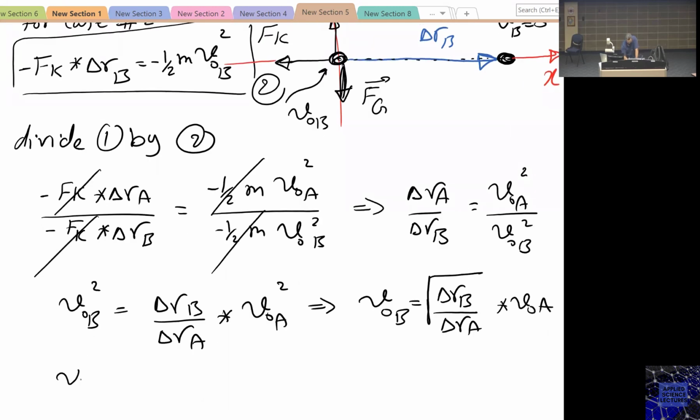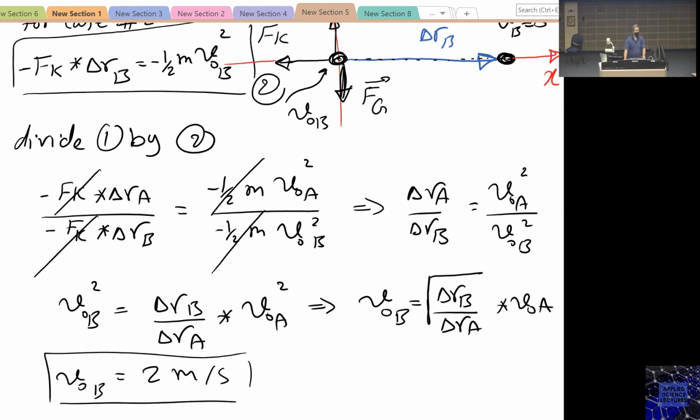So if you substitute now delta RB with 2, delta RA with 0.5, and v naught A with 1, you would get 2 meters per second. So what did we understand from this problem? We understood that for the same mass, for the same friction, if you increase the speed by 2 times, the displacement that you're going to get in sliding would be 4 times.